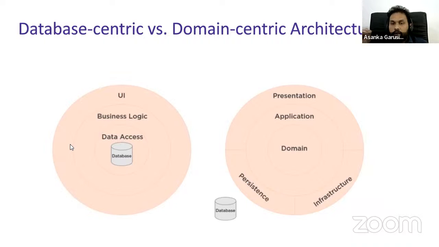But in modern software development, we are not much focused on the database-centric approach. Most of the time we think about the domain aspect. The database is just outside, because we use it for storing our system data, but we are always focused on the domain.